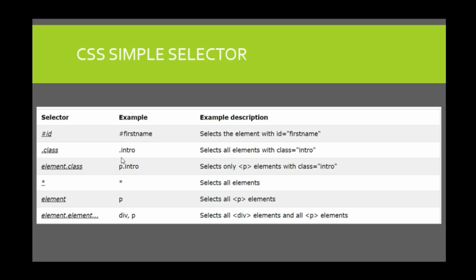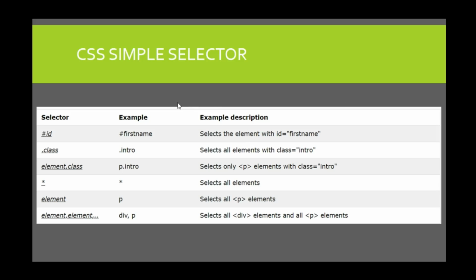Dot intro, and P dot intro, the combination of element and class. The asterisk is for all elements inside the HTML document. This one is with the tag P, and this one is for the tag div and tag P.